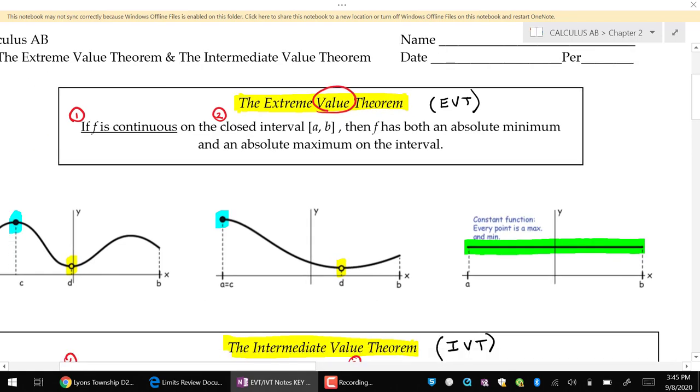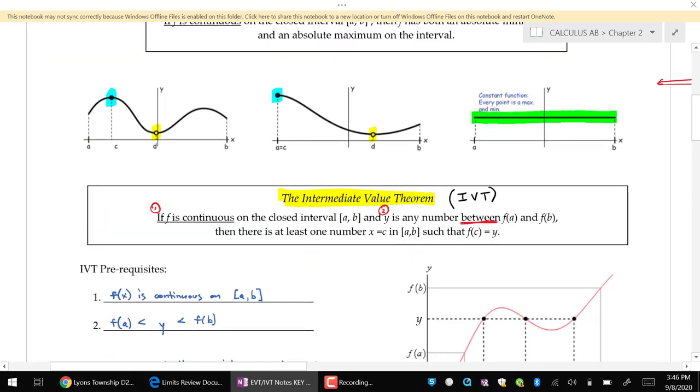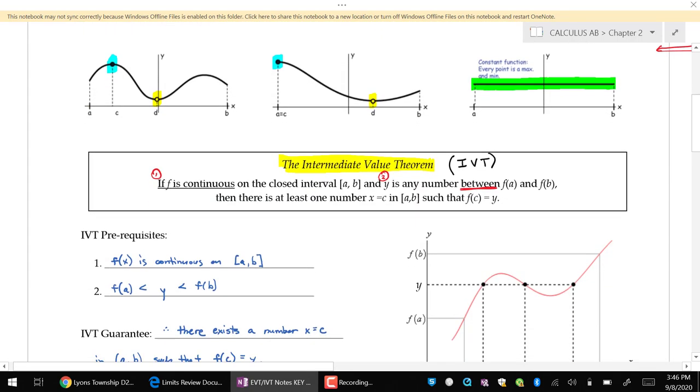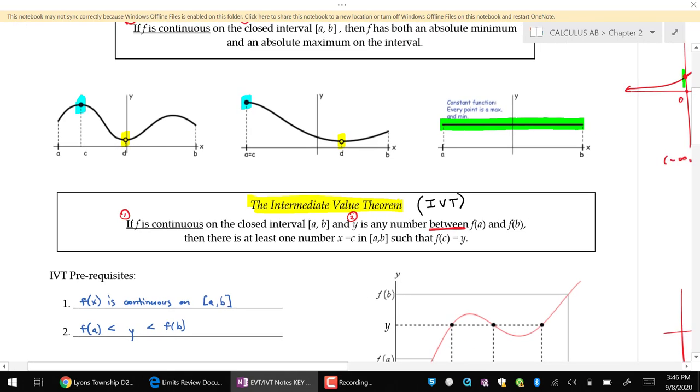But the next theorem, called the Intermediate Value Theorem, is one that's very useful and very helpful to us, as we'll see here in a little bit. And it, once again, has prerequisites. The first one says f has to be continuous. And the second one is that our element in question, which we're going to call y, has to be between f of a and f of b, the lower and upper bounds on the closed interval.